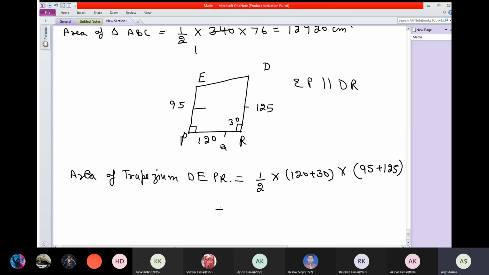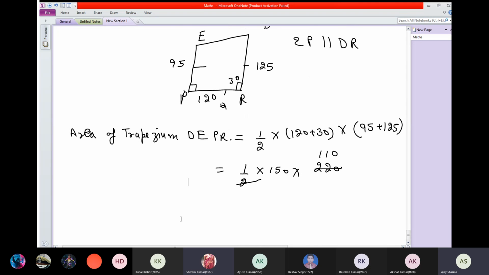Now you can find it. 1 by 2 multiply by 150 and multiply by, what is the sum? 220. That's okay. Clear? It will be 110. 150 multiplied by 110. What will the answer?